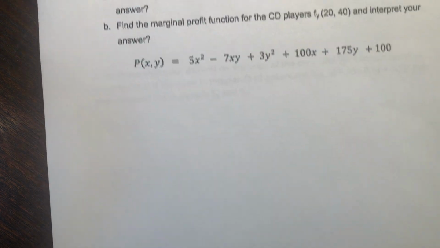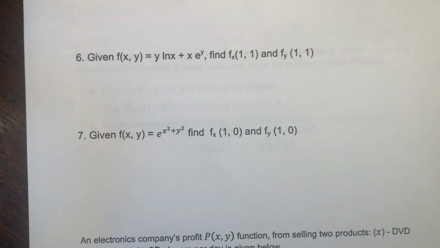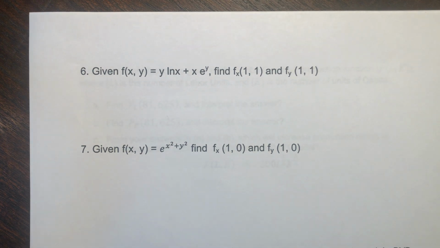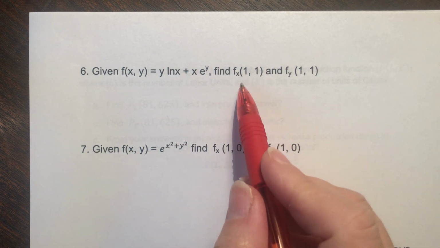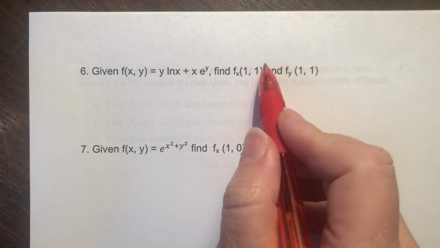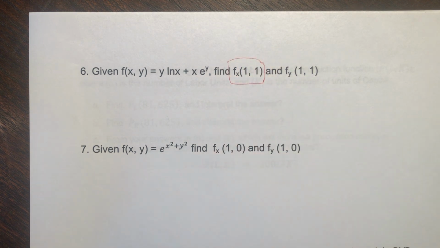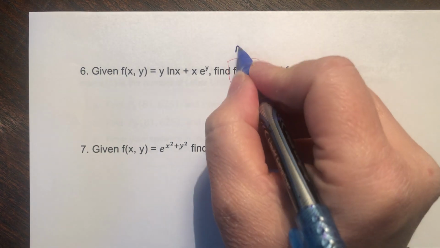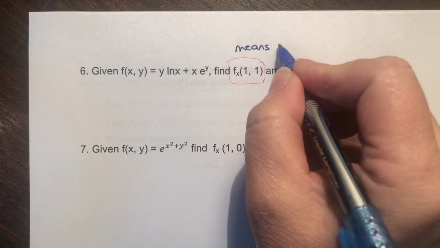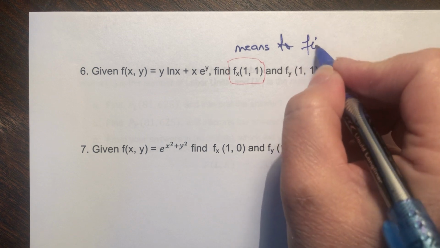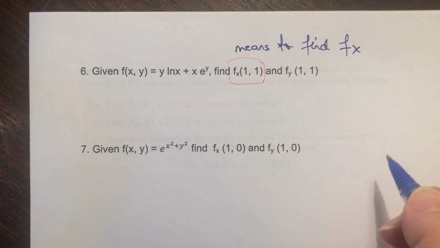So, okay, let's move on. I have a couple more examples here. These ones are taken a step further. So what do you think it means to find this derivative here? Sure enough, it means to find the partial derivative with respect to x, yes?